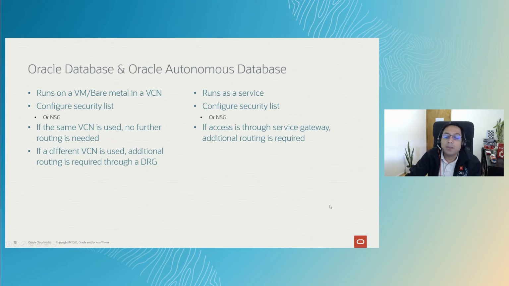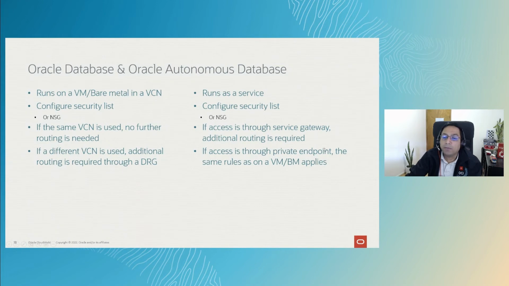That being said, for the autonomous database, there are two ways to access it. One is the traditional way through the service gateway. Another one is through what we call the private endpoint, and this is similar to what we do for the OKE control plane.